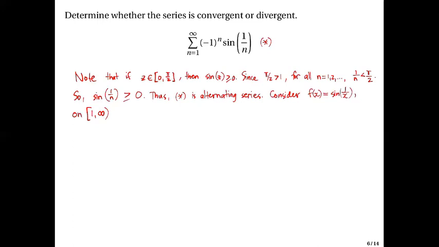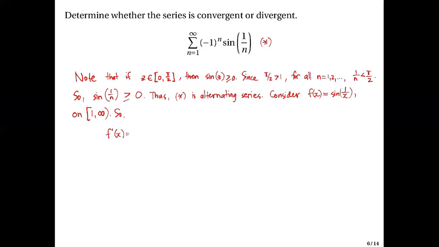So we have the function f of x, which is equal to sine of 1 over x, on the interval. This function is continuous, but what we actually need is the derivative, and this is differentiable. So let's get the derivative. f prime of x is equal to what?